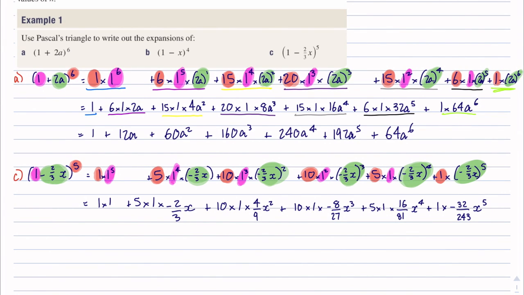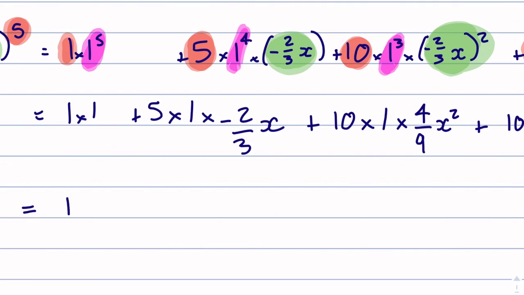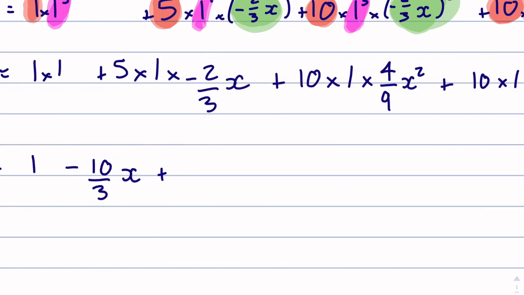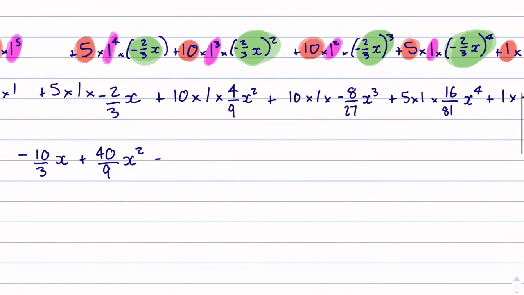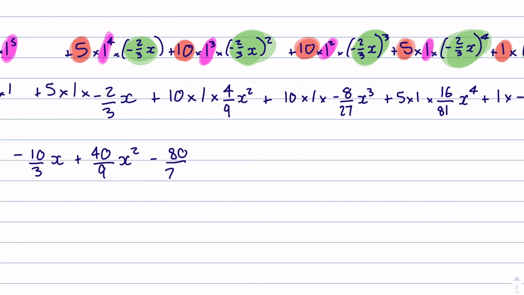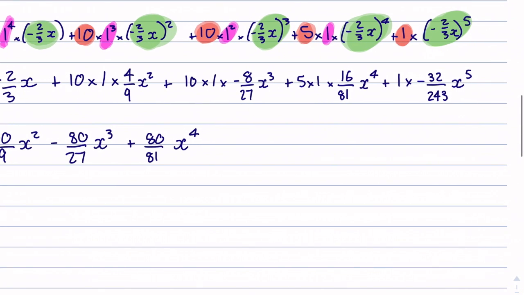Okay, now let's figure out what each of these is. 1 times 1, 1. 5 times 1 times negative 2/3 gives me negative 10 on 3, and then I just have an x. 10 times 1 times 4/9 is plus 40 on 9 x squared. 10 times 1 times minus 8 on 27 gives me negative 80 on 27 x cubed. 5 times 1 times 16 on 81 gives me positive 80 on 81 x to the 4. 1 times minus 32 on 243, minus 32 on 243 x to the 5.